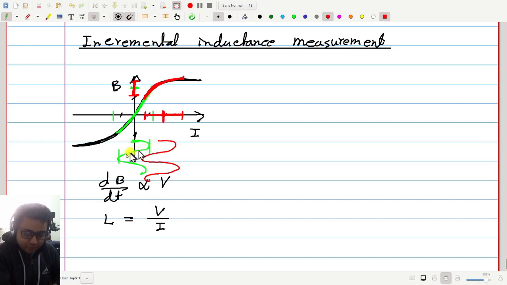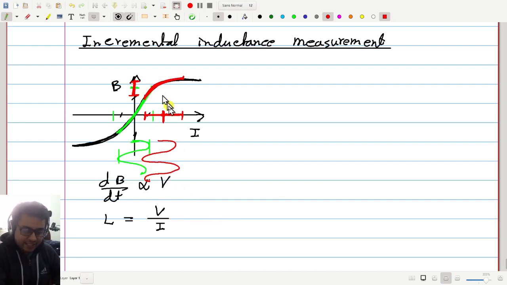So compared to the previous case where there was no DC offset, where we got a significant amount of flux and significant amount of voltage, in this case, for the same amount of AC current, the flux variation is less, and therefore voltage is less.